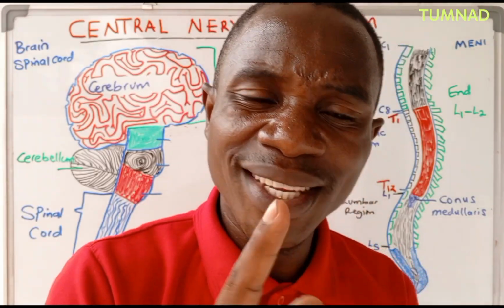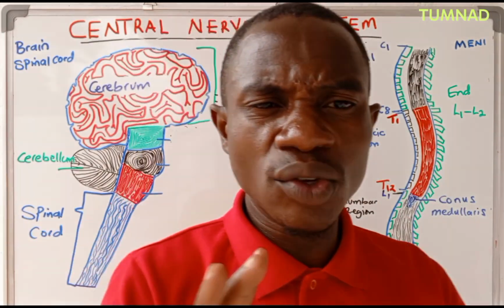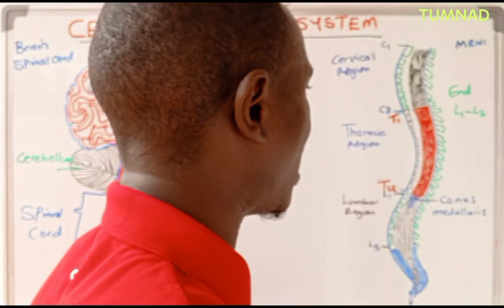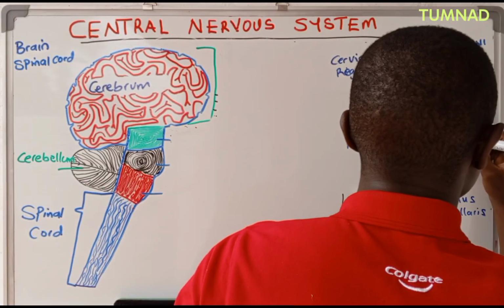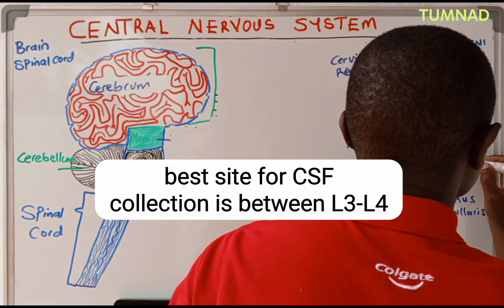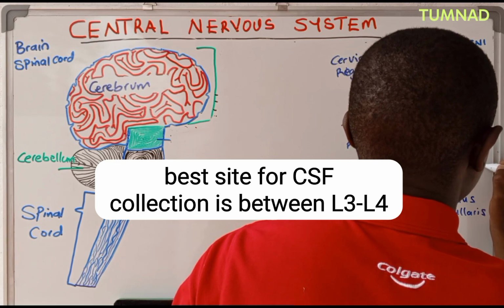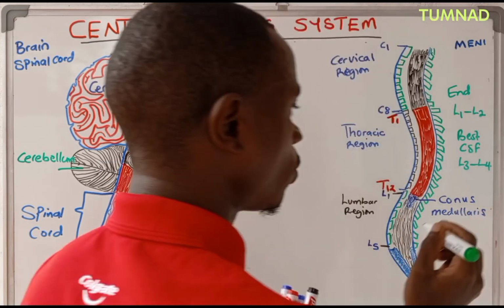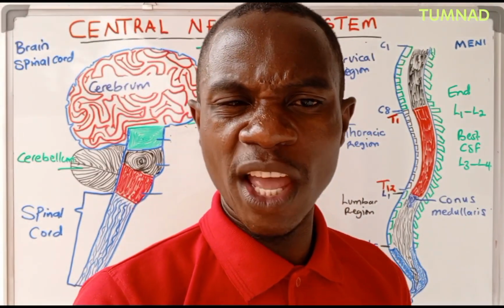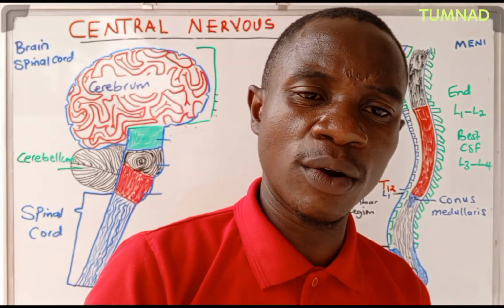In other words, the best site for collection of cerebrospinal fluid for analysis is between L3 and L4.